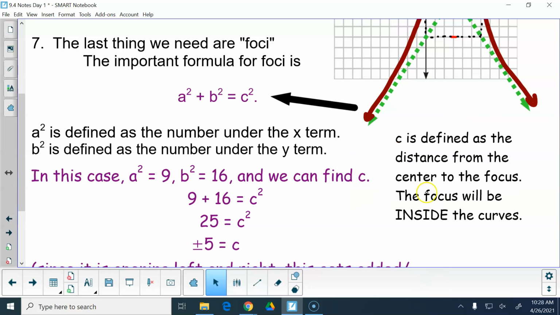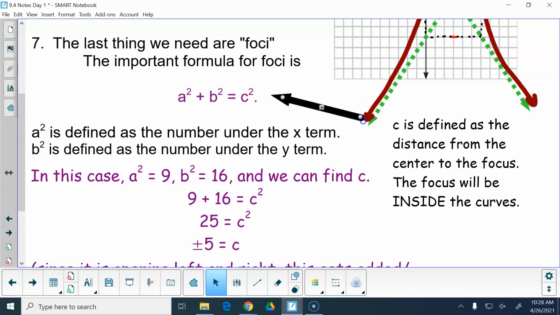The important formula for the foci is the Pythagorean theorem. a squared plus b squared equals c squared. a squared, again, is the number underneath the x term. b squared is the number underneath the y term.